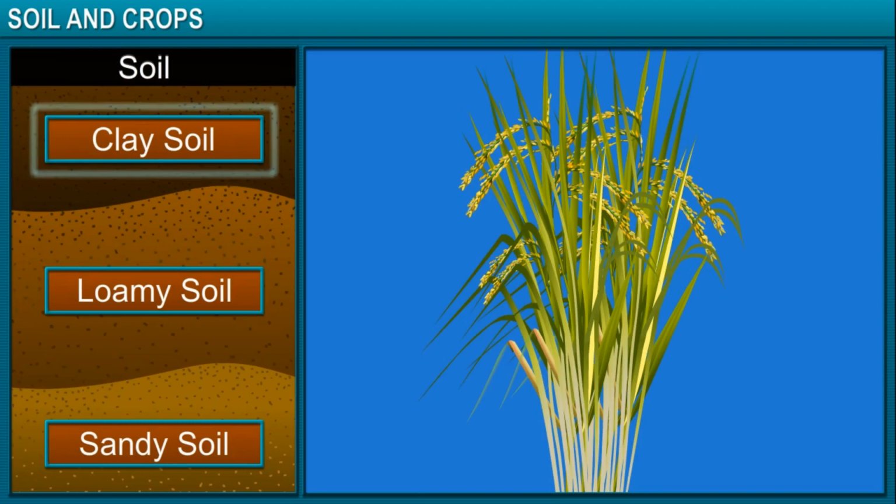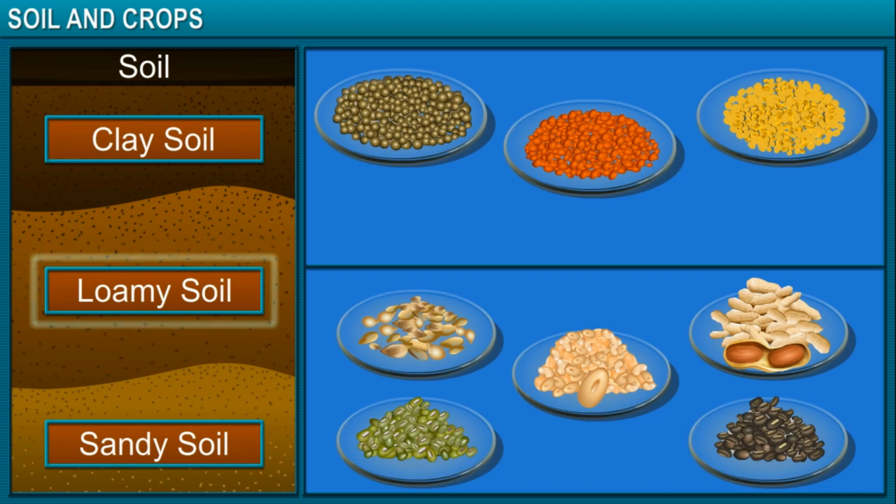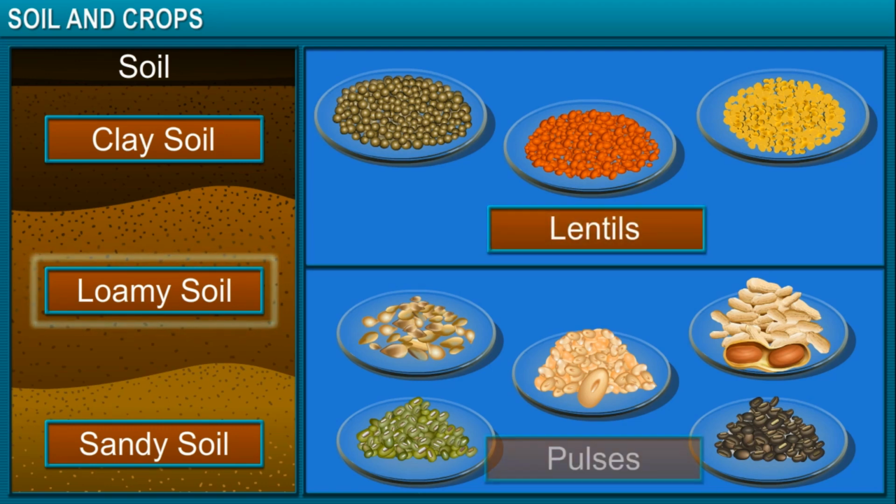Soil rich in clay and organic matter with good water retention capacity is ideal for paddy. Loamy soil, which drains water easily, is suitable for lentils and other pulses.